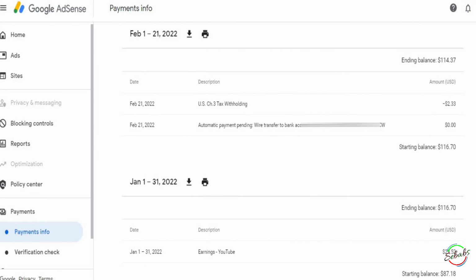So it's exactly 8:34 in the morning, 21st of February, and I received this information saying automatic payment pending, wire transfer bank account for this, tax withholding $2. I'm waiting for this to be deposited. As of now, it's still pending.